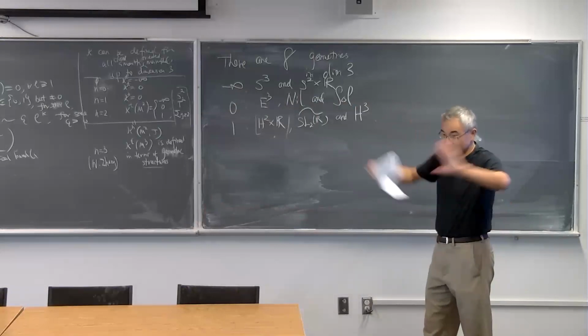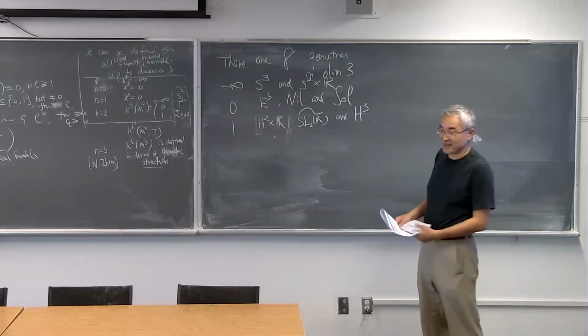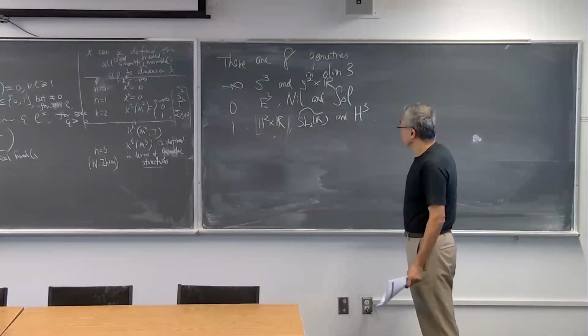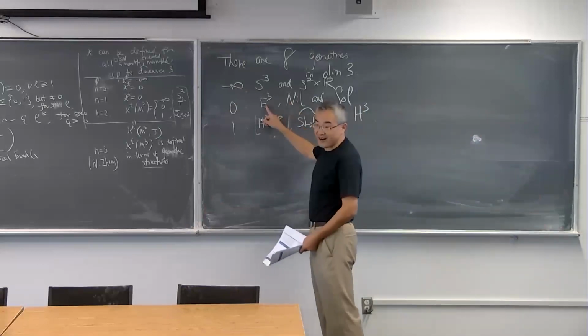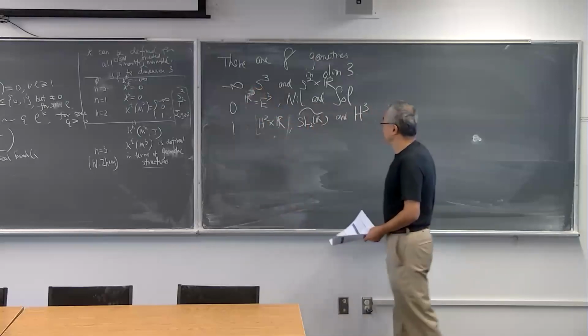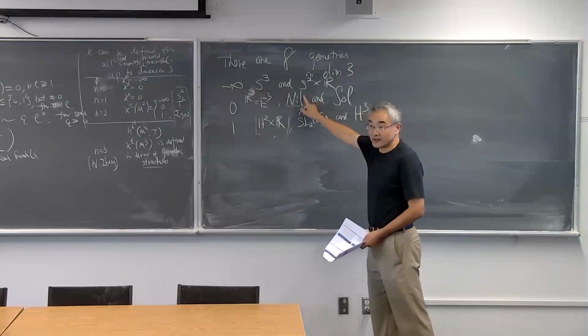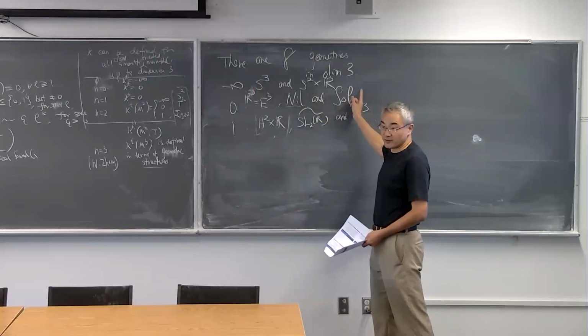Yeah, a simply connected model. There are different models: disk models, upper half plane model. And how about E cubed? Oh, this is Euclidean. Let's just think about R3. And how about Nil? Oh, just nilpotent. And Solv is solvable.